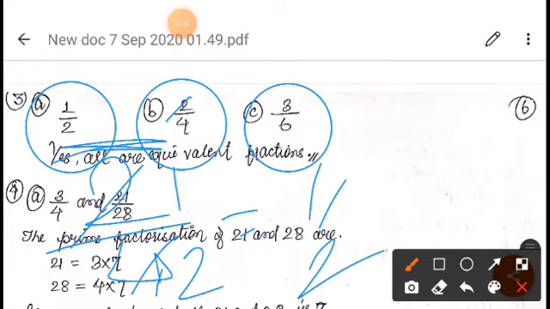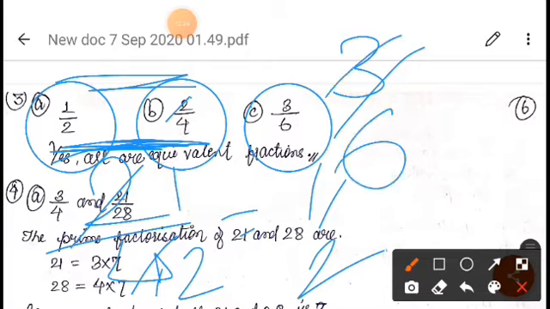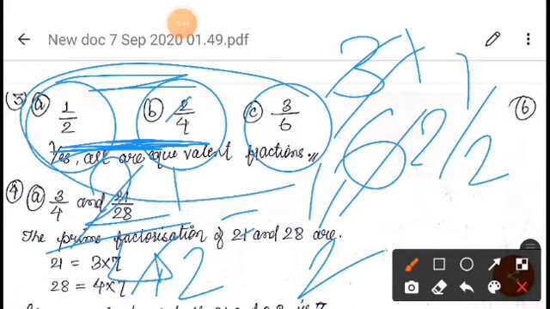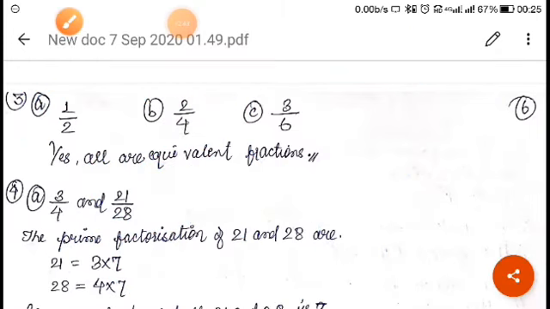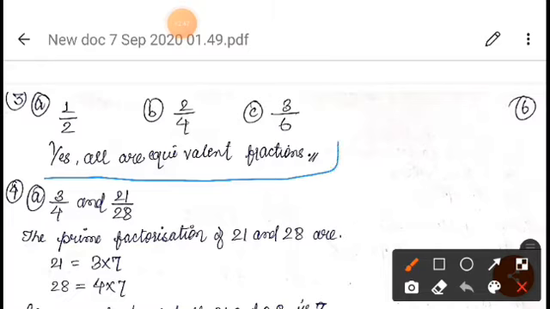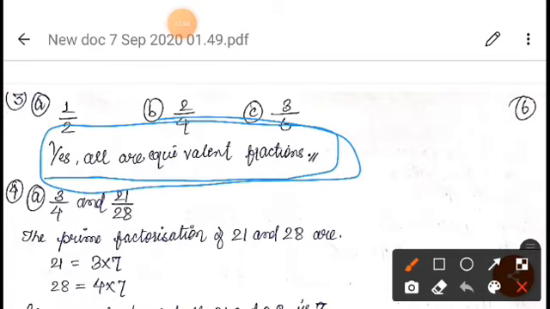So it is the same. Again for 3 by 6, 3 ones are 3, 3 twos are 6, again it is coming 1 by 2, right? So these 3 are equivalent, that is why it is written yes, all are equivalent fractions. I hope you have understood this, right?